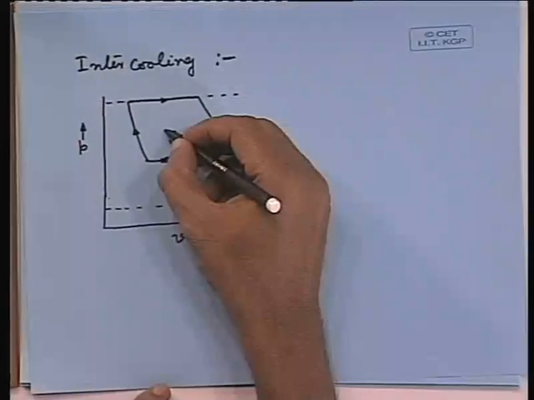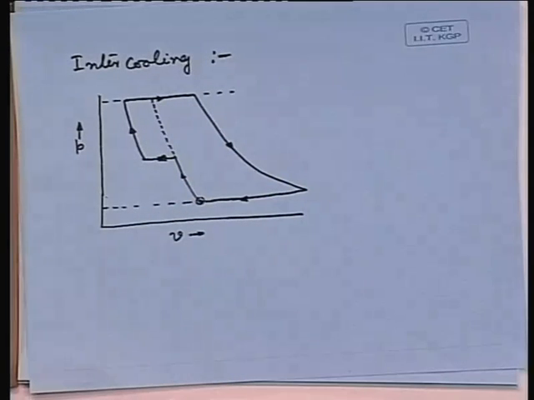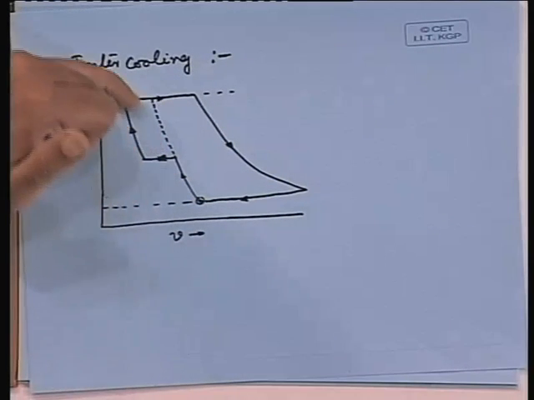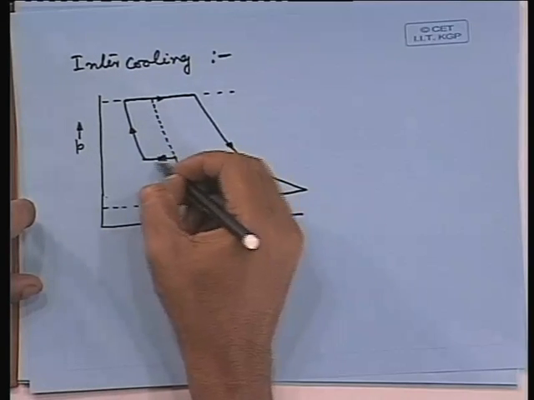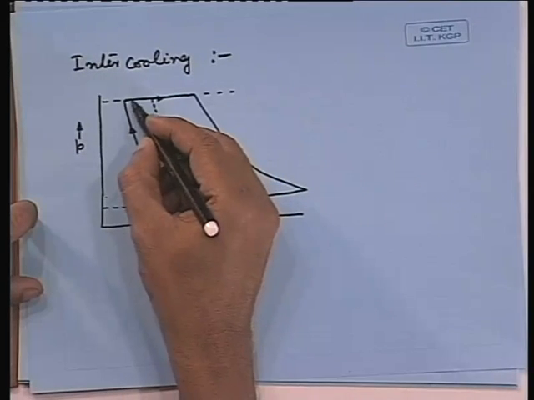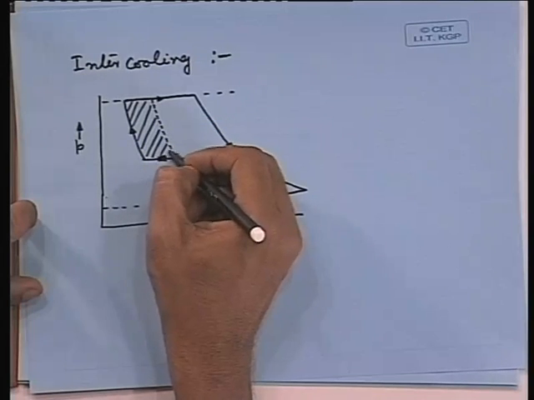All right, then what we can show is that if we could have followed compression in the same stage, we could have gone along this path, but here we have gone through this path. So, this much extra amount of work we are gaining or saving.